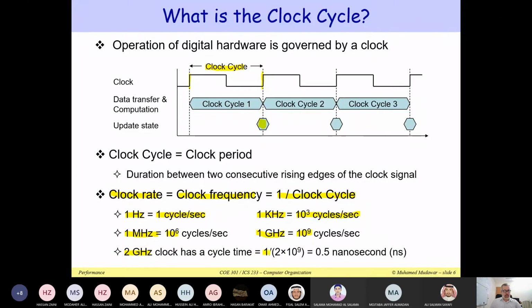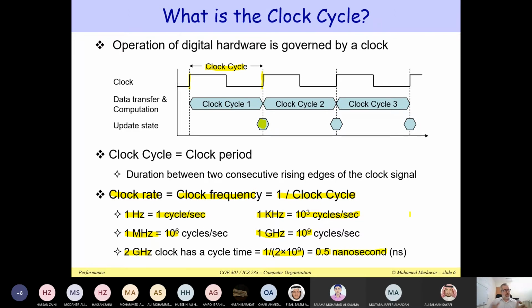It will be 1 over 2 billion hertz. So here 1 over 2 will be 0.5. 1 over 10 to the power 9 is 10 to the power negative 9 seconds. So this will give you nanoseconds.